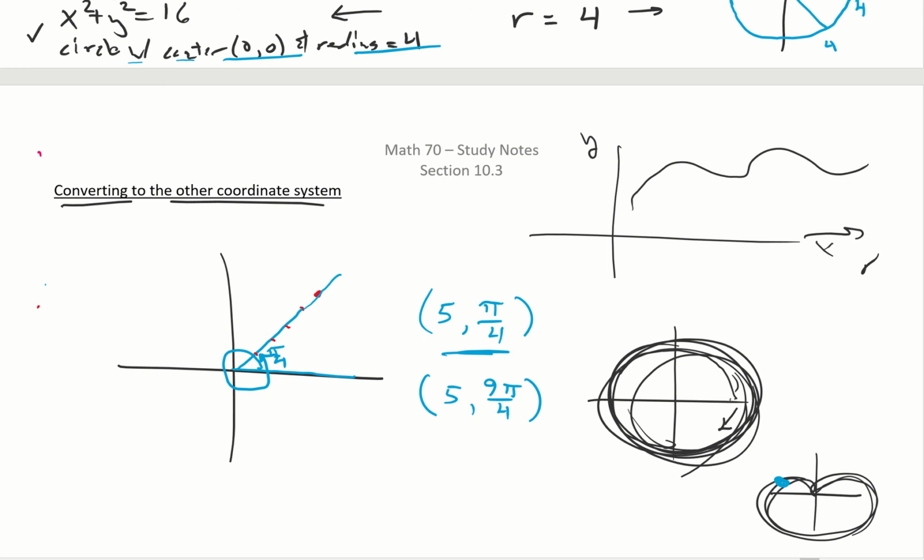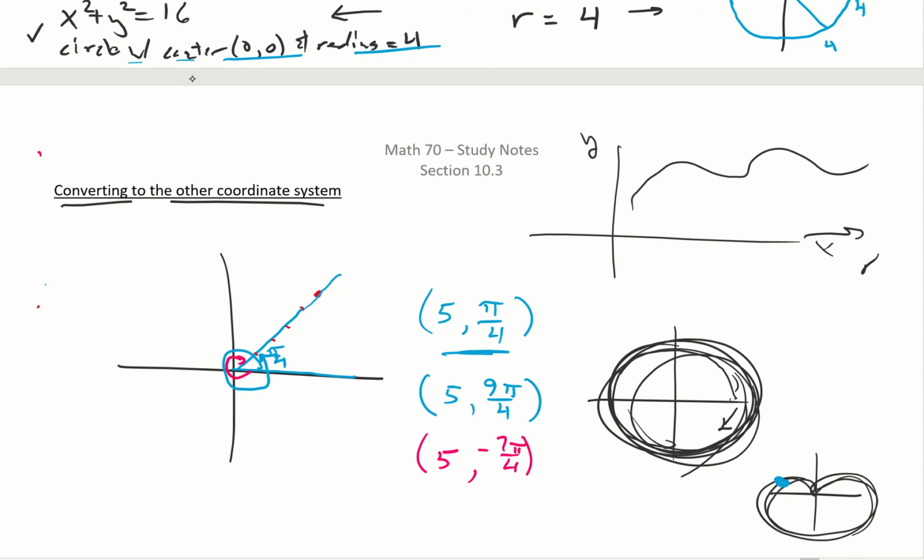Now I want you to pay attention to this little demonstration. You can also go in the negative direction, in which case the angle would be negative 7 pi over 4, and the distance still is 5. And you can spin negatively as many times as you want.